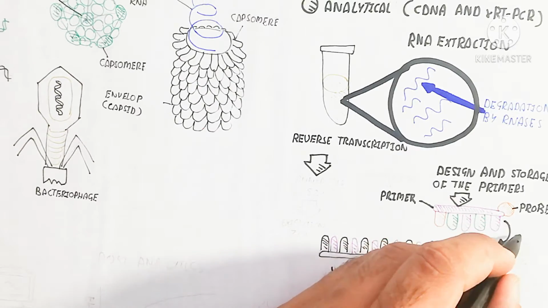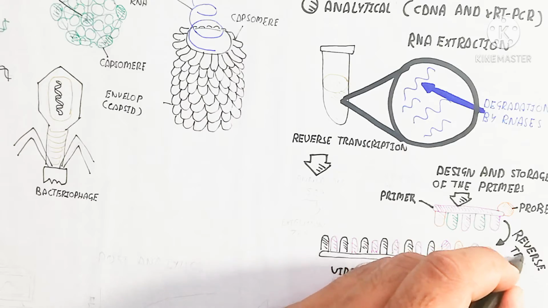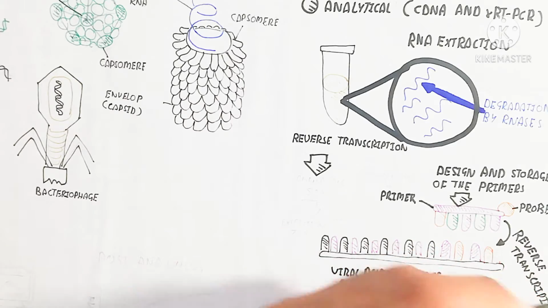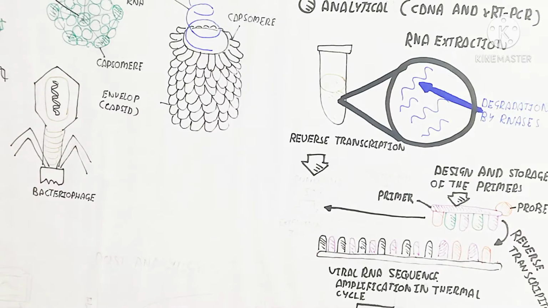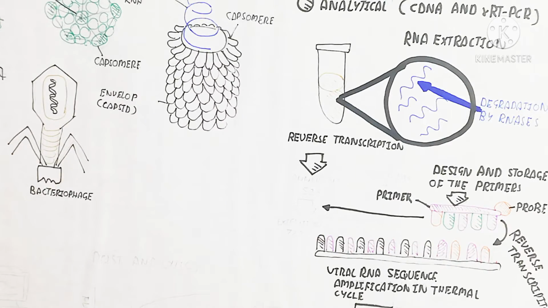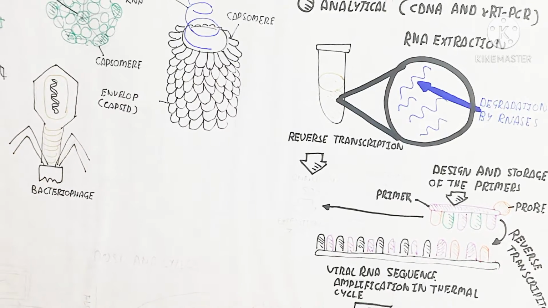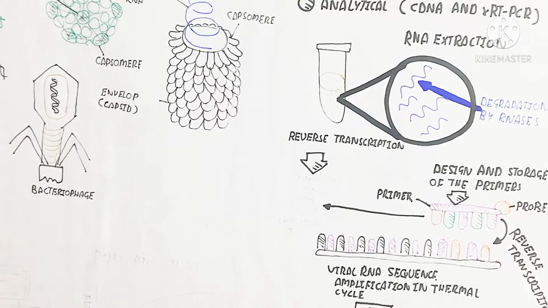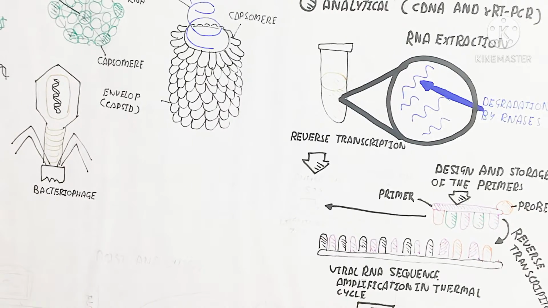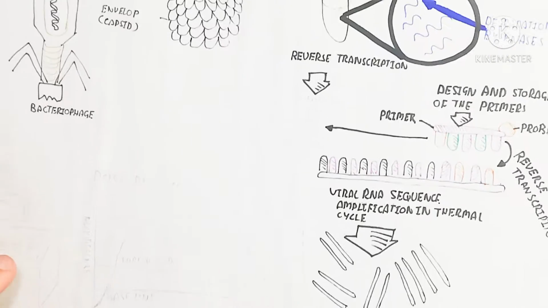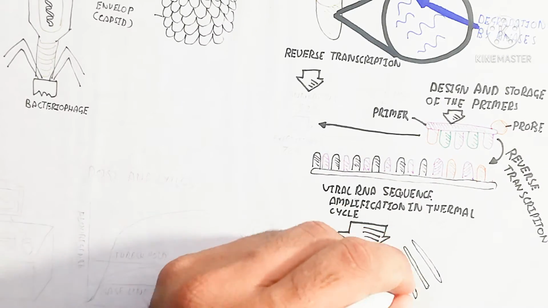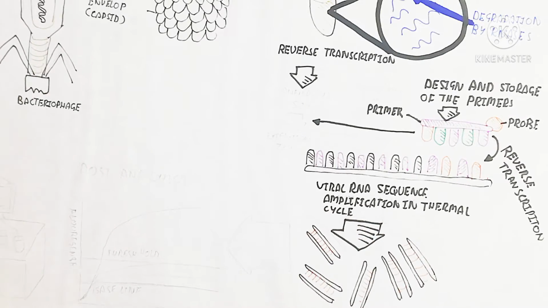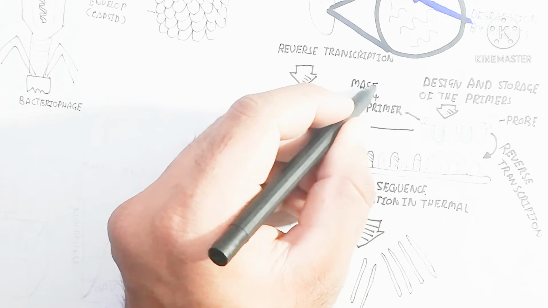So here is the RNA, a segment of RNA which binds with the probe. The probe contains a primer. This primer will bind in the annealing process at 52 degrees Celsius, with extension at 72 degrees Celsius, to begin the reverse transcription of RNA into DNA, and viral RNA sequence amplification in the thermal cycle.